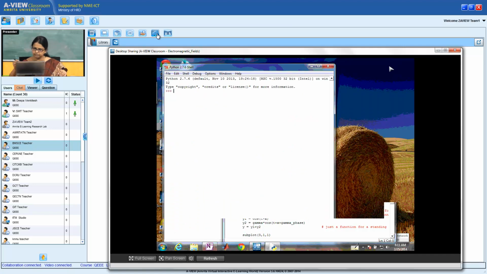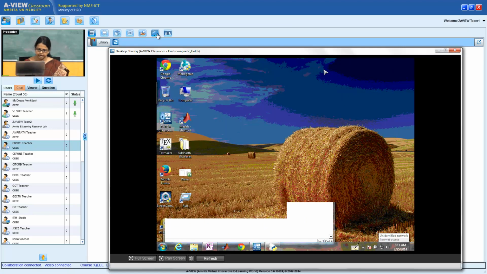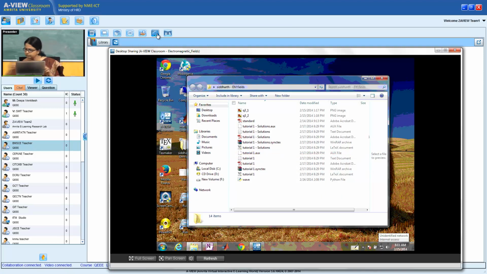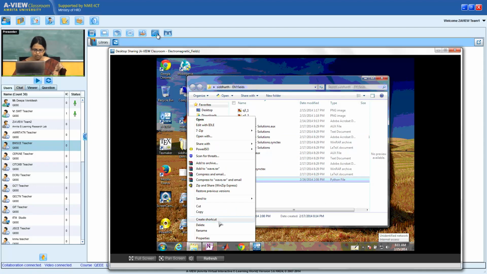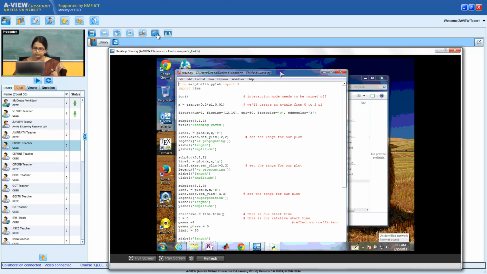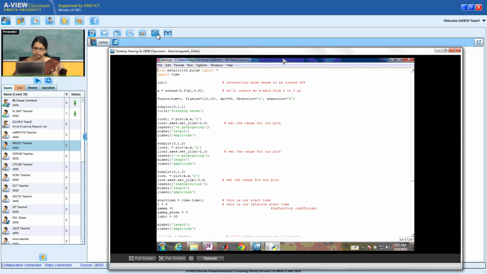Let me try running this code again. It's a simple enough code written in Python, which is freeware. Maybe I can share this code with you through the team. You can try running this code.